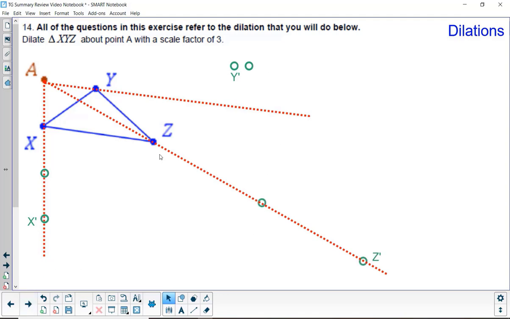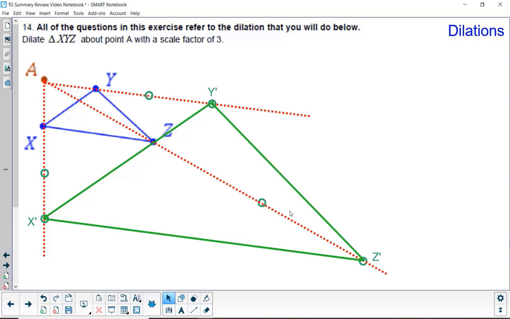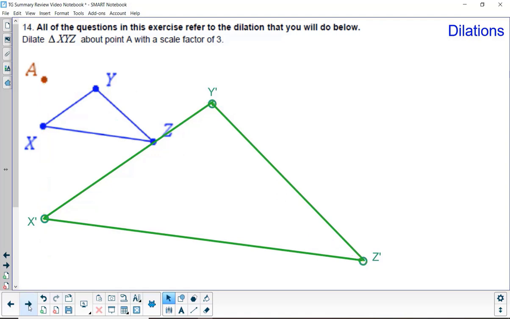Similarly, this is from here to here, the same distance from here to here is here to here. I'm eyeballing it since I don't have a compass. And I'll let you do the same thing if you don't have a compass. And then similarly, A to Y again, A to Y again. So connecting those, this is our triangle, that's the image, and we can go ahead and erase the construction lines.